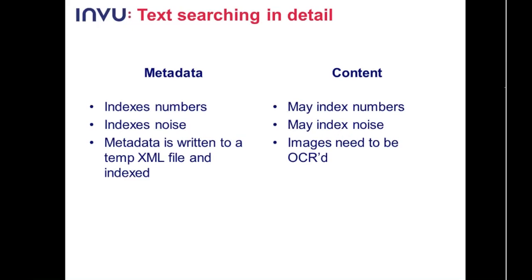When your system's set up, or you make a change in the system, it's optional with regards to indexing numbers and noise. The reason it's optional is because if you index numbers and noise on the content, it can vastly increase the size of the index, and by increasing the size of the index, searching can take a little bit longer because it's got more data to traverse and filter through.